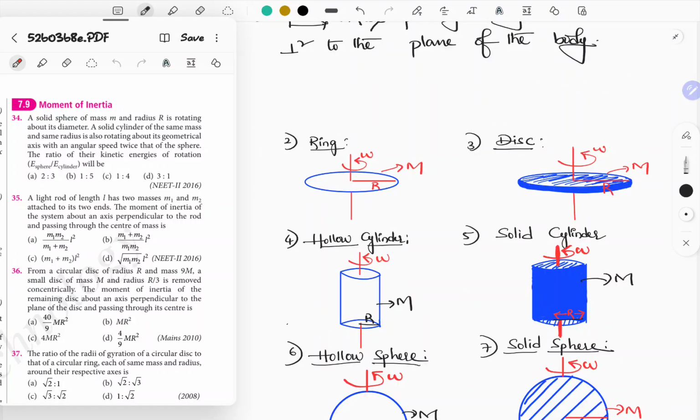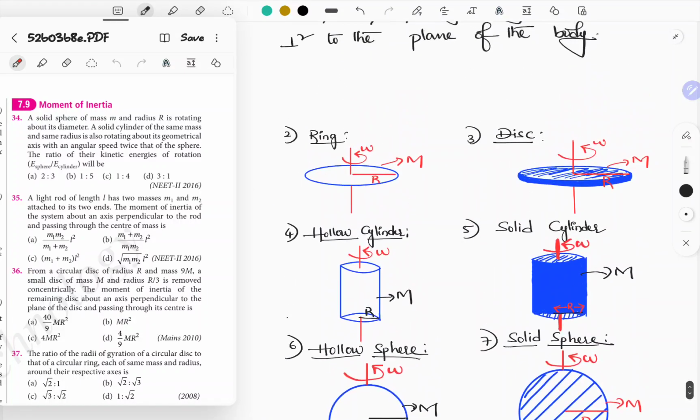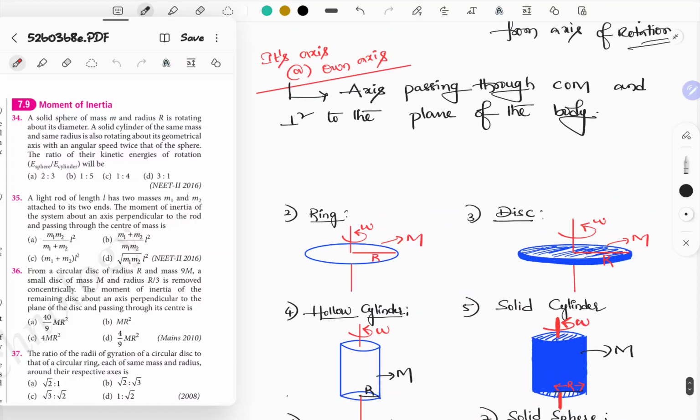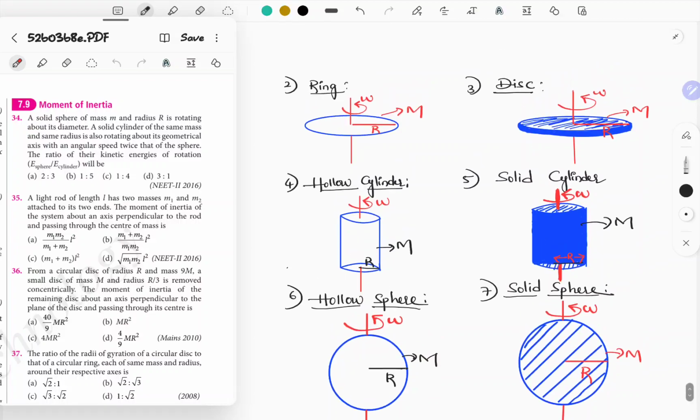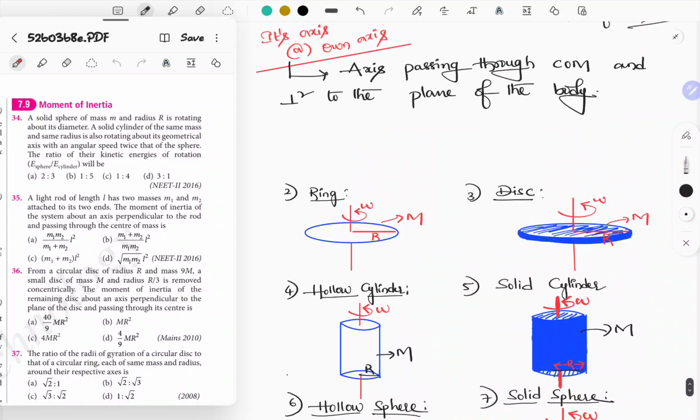For different types of rigid bodies, we have different types of moment of inertia. Let's look at these different objects. The moment of inertia of the ring whose mass is capital M and radius is r. For all these objects, I'm going to find the moment of inertia through the axis passing through the center of mass and perpendicular to the plane of those objects.